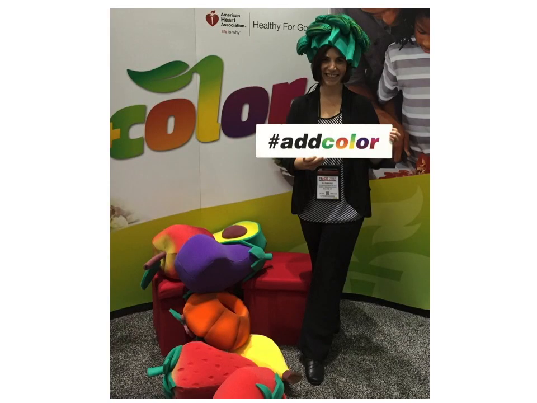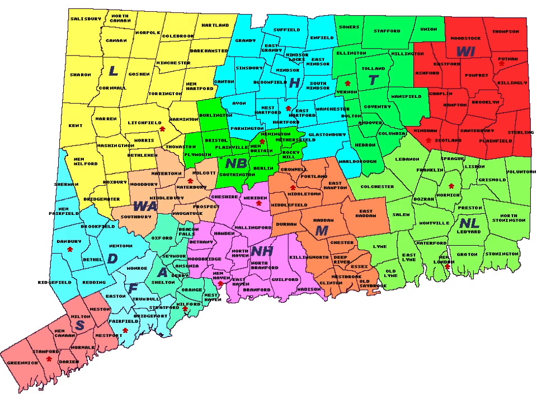So here's a picture of me. I'm at a fancy conference, and I'm the one with the broccoli hat. So where do I come from? Where do I live? Well, I recently moved from a small town in Old Lyme, Connecticut, which is along the shoreline.